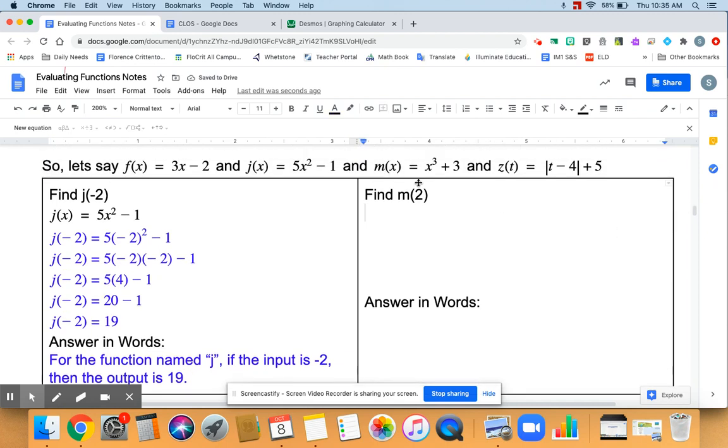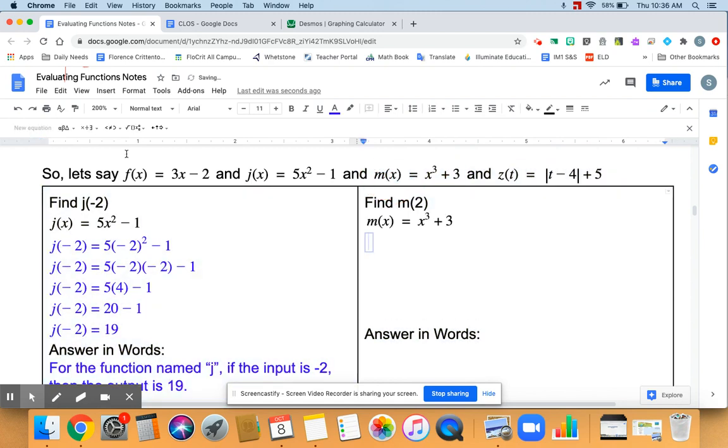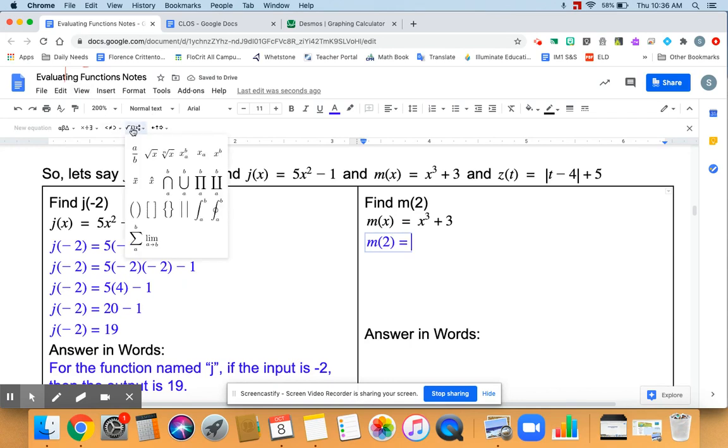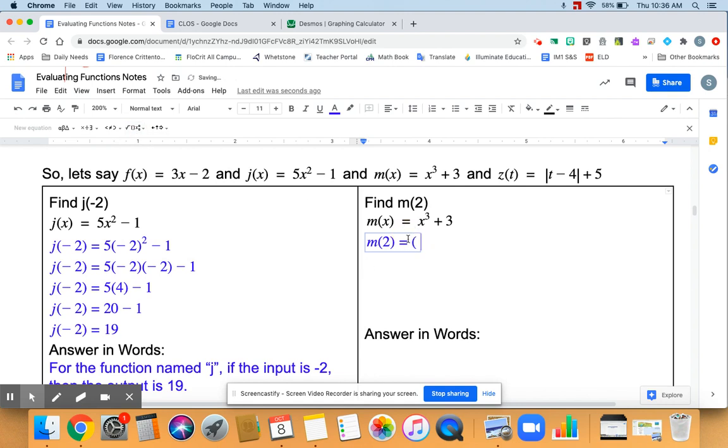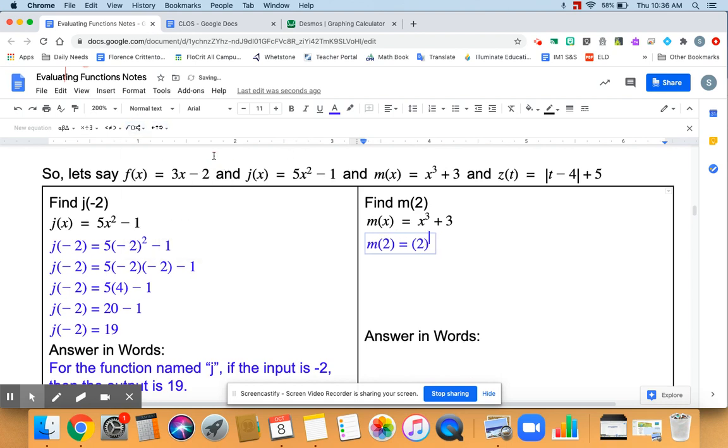All right, this one says M parentheses 2. So I take M. And in my parentheses, instead of x, I'm going to put 2. That means instead of x, I'm going to put a parentheses, and I'm going to put 2 in that parentheses. And that parentheses is going to get cubed because x is getting cubed.